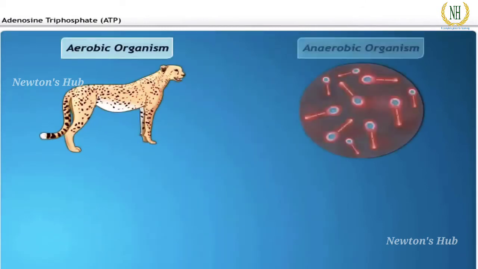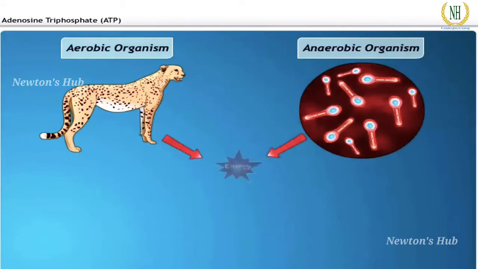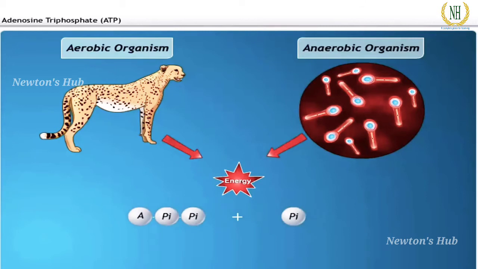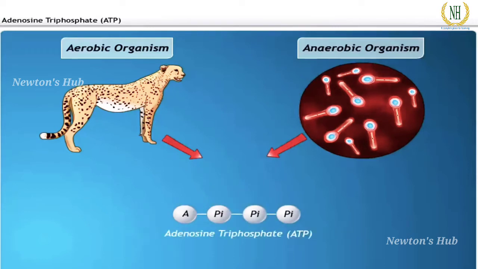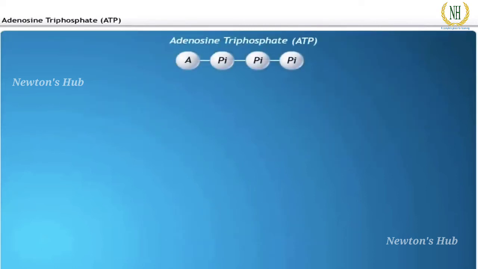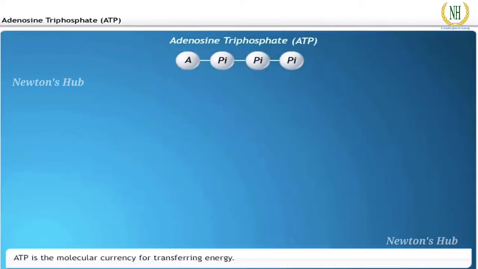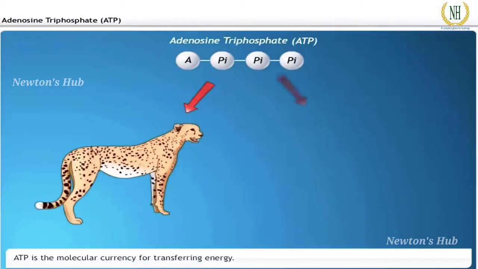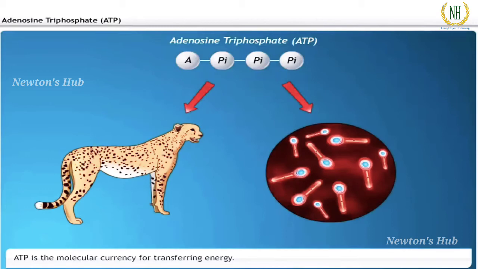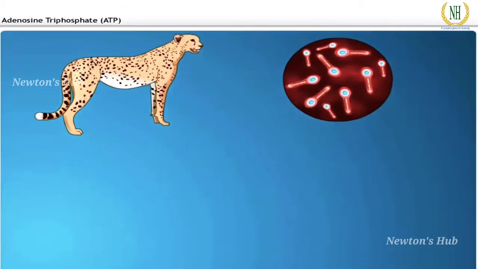Both aerobic and anaerobic respiration release energy. This energy is used to combine adenosine diphosphate (ADP) and inorganic phosphate to form adenosine triphosphate (ATP) molecule. ATP is the molecular currency for the transfer of energy in most cellular processes.